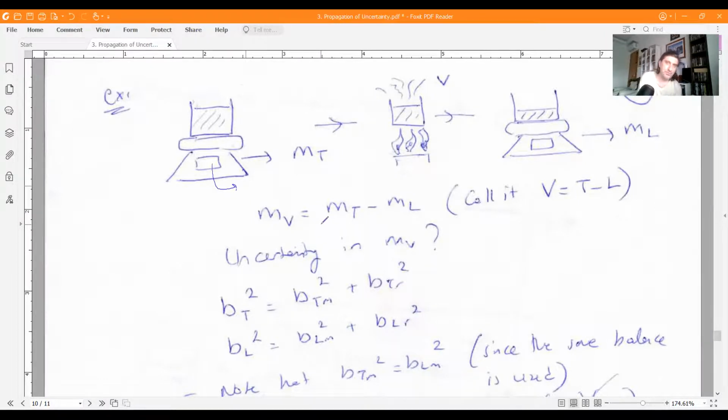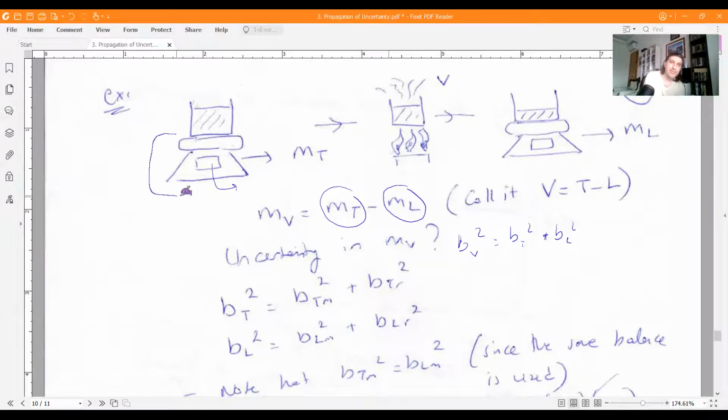Actually, it's not going to be so. The reason is because this expression, bias of V square equal to bias of total square plus bias of L square, is actually based on the assumption of independence of these two terms, and also independence of these two uncertainty terms related with those two measurements.